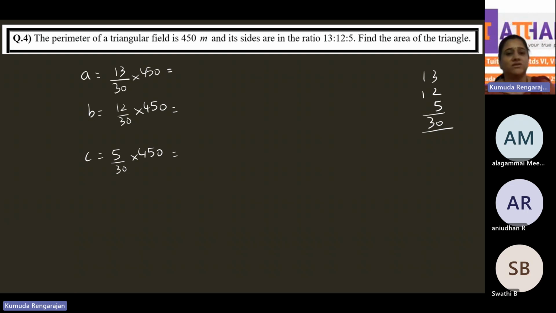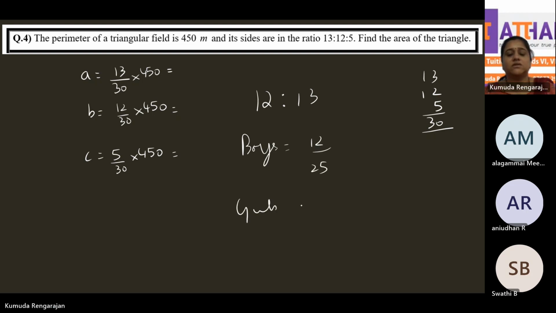Supposing the ratio of boys and girls is given in a class. Boys and girls put together is the total strength of the class. So, supposing the ratio is 12:13, the boys will be 12 by 25 and girls 13 by 25, because 12 plus 13 is 25.